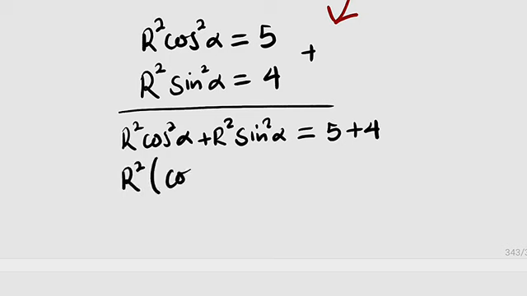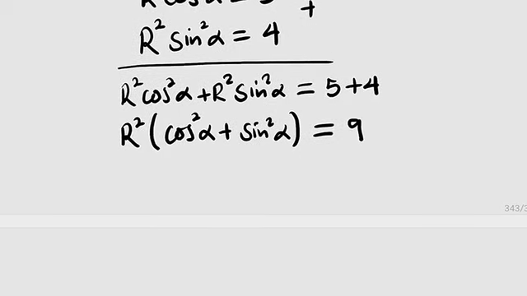In the parentheses we have cos squared alpha plus sine squared alpha, and to the right hand side we have 9. Remember the identity that cos squared x plus sine squared x is equal to 1. Definitely the whole of this is equal to 1. The only thing we have is r squared equal to 9.